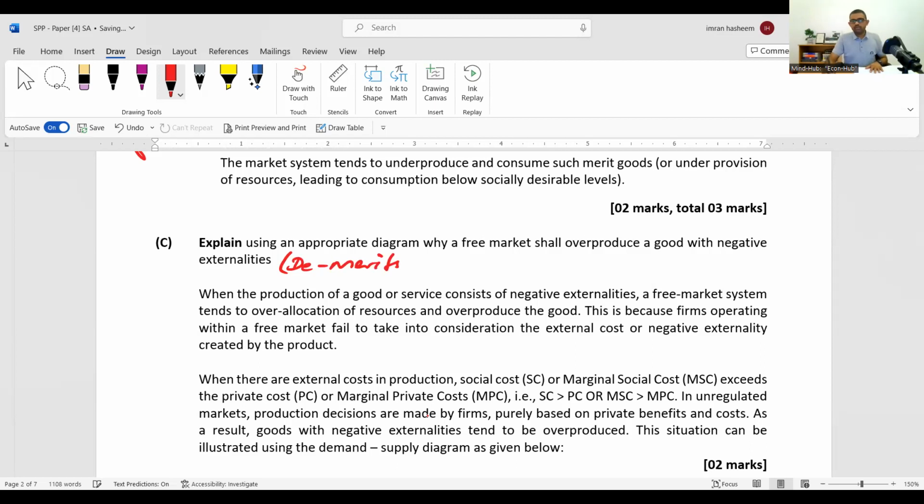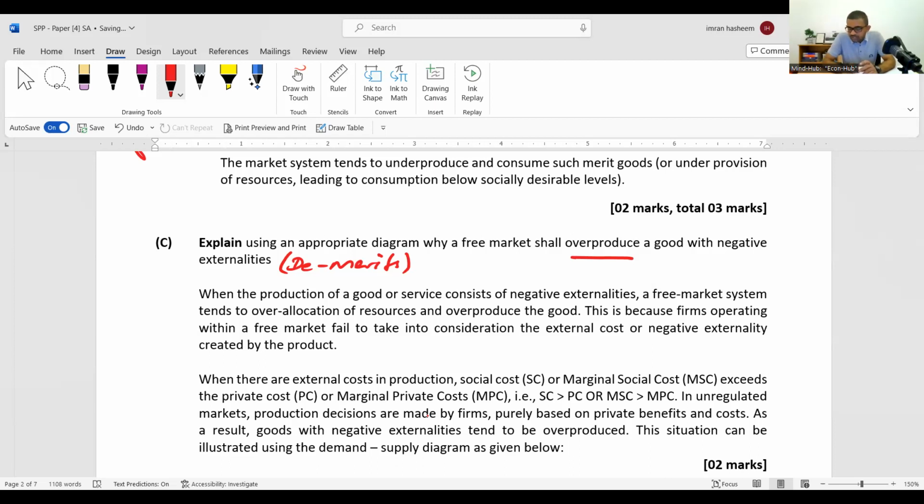The only issue is they talk about the production side, no? Overproduce. They don't say overconsume. So I think overall it's better. This is not wrong, but demerit is not wrong, but overall it's better. The merit, demerit, we mostly look at from the consumption side. So overall, I feel it's better if you look at from the production side and answer this question.